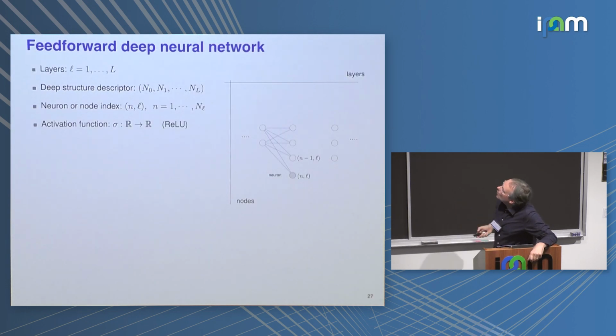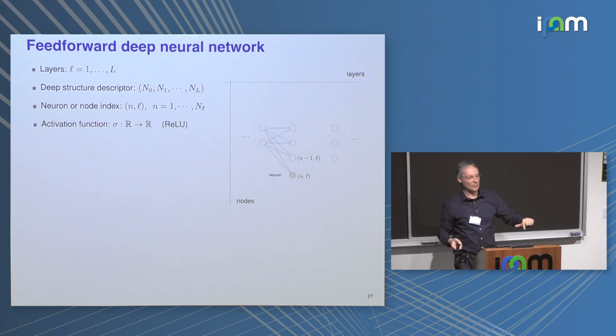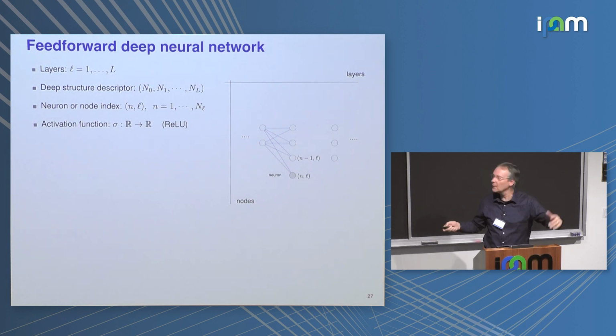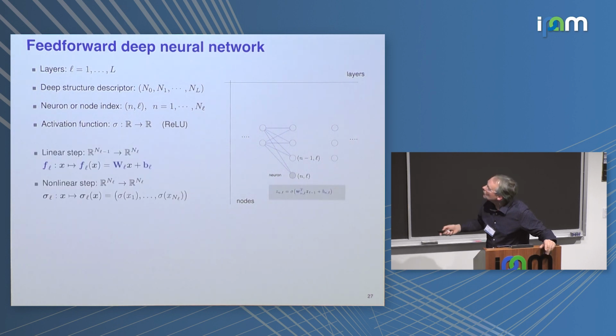So let's look at deep feed-forward neural networks. We have a bunch of layers, I call them L, and for every layer we have a number of neurons, so I call them N0, N1, etc. We have those two indices: L is for the layer, N for the neuron. And we have an activation function, so every neuron is, let's say, a ReLU. What the neural network is doing, with those arrows, is representing an affine transformation.